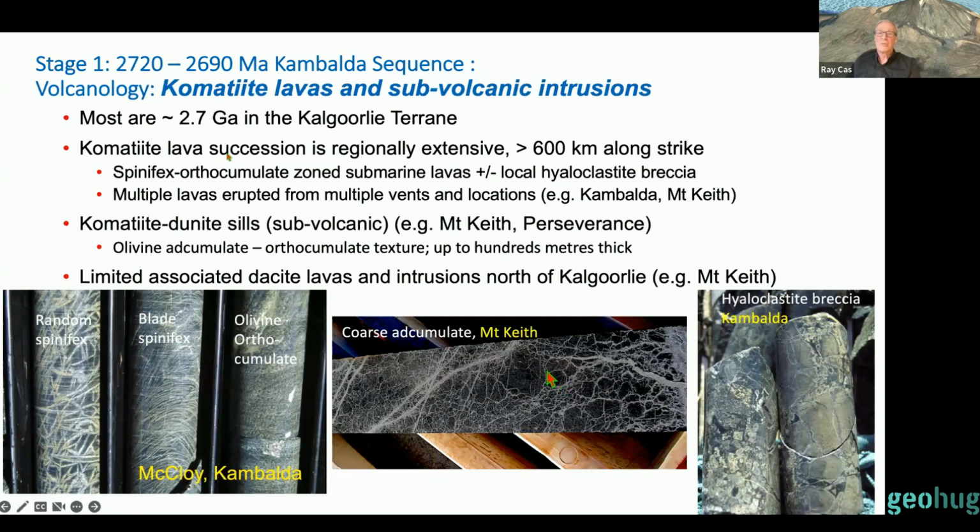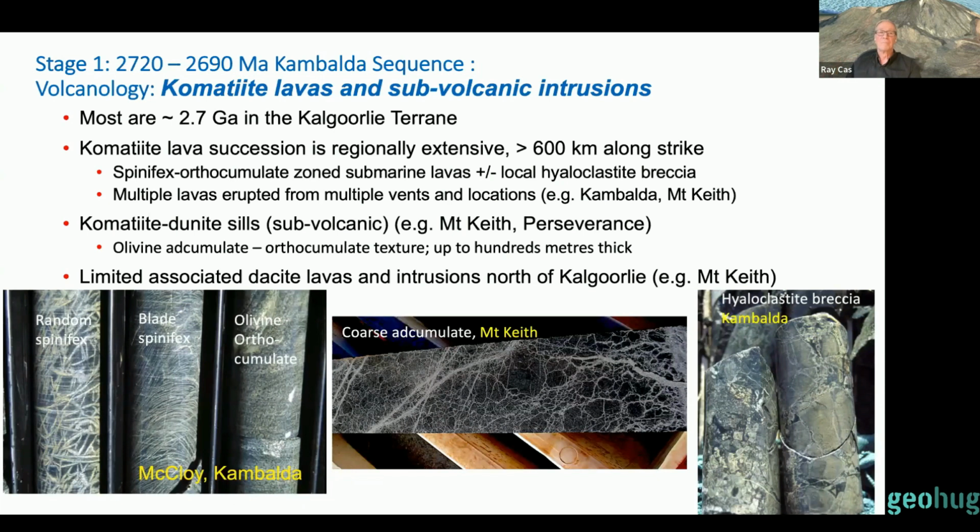These are centimetre to 3 centimetre diameter crystals or pseudomorph crystals of olivine that have now been serpentinized in this particular bit of drill core from Mount Keith. And the margins of these subvolcanic intrusions sometimes develop orthocumulate. Rarely, and very rarely, will you see spinifex at the margins of Komatiite intrusions, usually only if those intrusions are very, very thin.